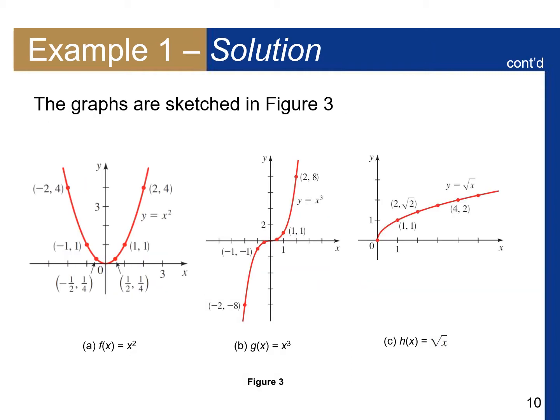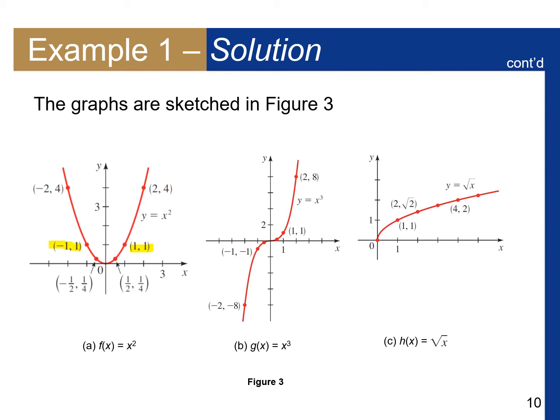My 0 value is here, but for my 1 value, notice my y value is the same for plus or minus 1. Here's your x value, -1. Here's your x value, +1. And the y values are both 1. That's why the table before had the plus or minus and then the same value. This is a symmetric graph, and here we have our axis of symmetry right through the middle of it.